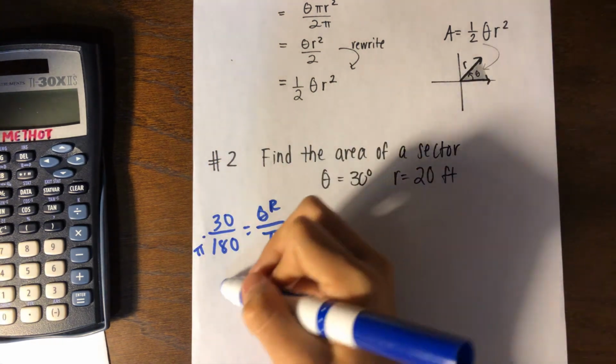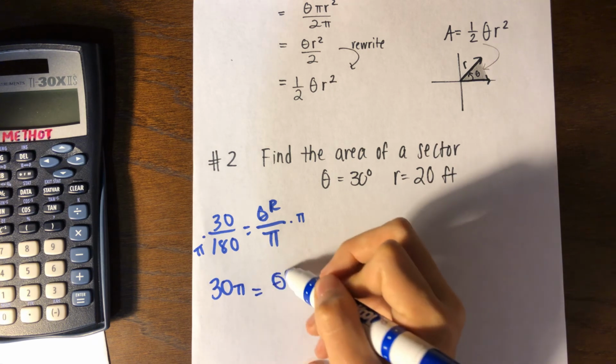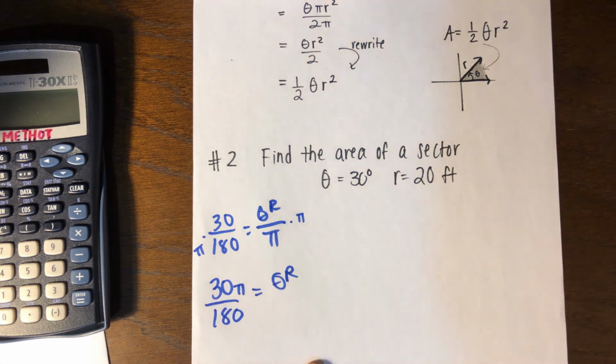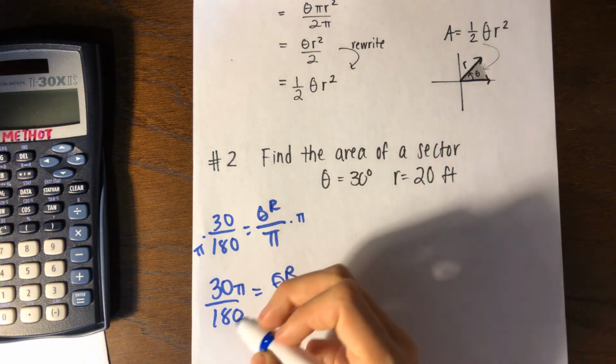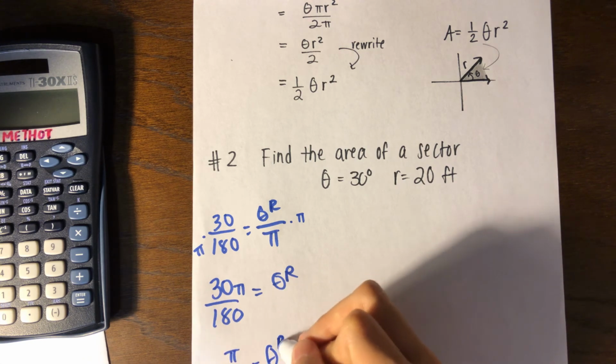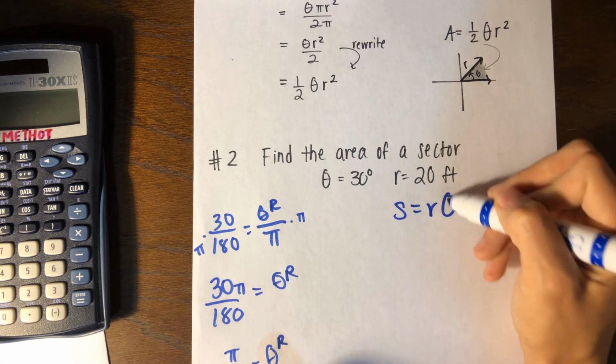So I get 30 pi is equal to the theta radian over 180. We know that we simplified this before. If we divide both sides by 30, we get pi over 6.